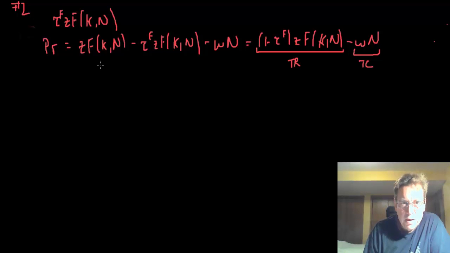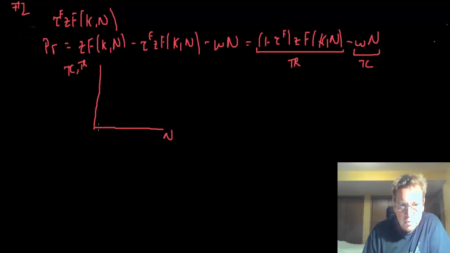So what that implies is if you're thinking about this graph, total cost, total revenue, down here is employment. Well, if this is the total revenue, which is the production function, then 1 minus tau is just going to shift it down like that.